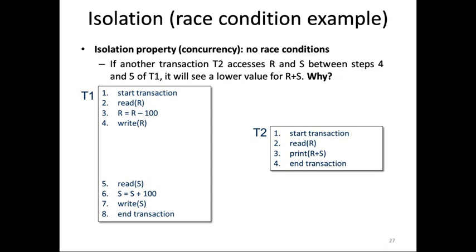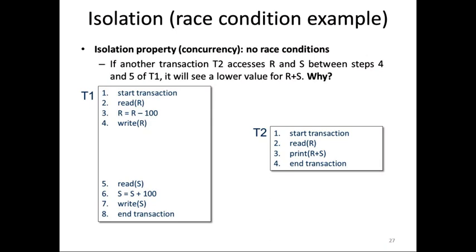However, if we have a concurrent execution in which the steps of these two transactions are mixed in time in this specific way, illustrated here, then of course, since we first remove 100 from one account, then we do the sum of the two accounts, we will see a value of 900 plus 1000, so 1900.